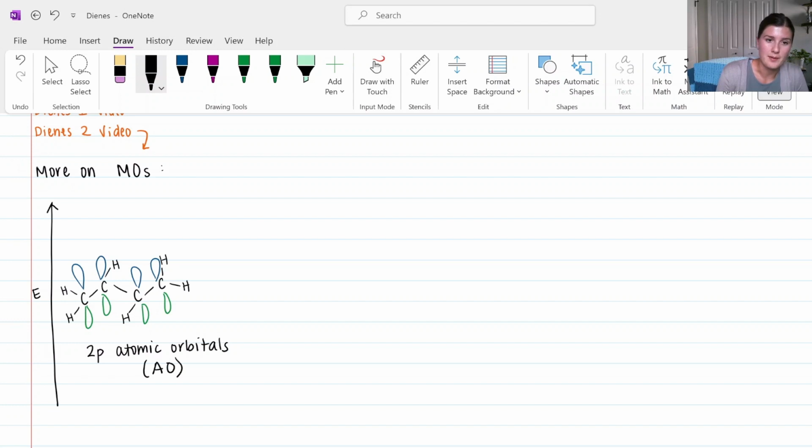These all have the same energy. So as we're talking on an energy scale, we have 4 2p atomic orbitals, and they're all at the same energy. So we have 2p AOs here. And that aligns with the structure we've drawn here on the left.